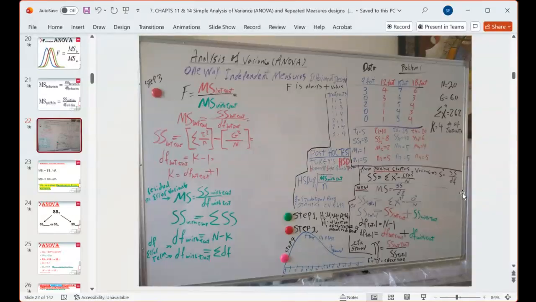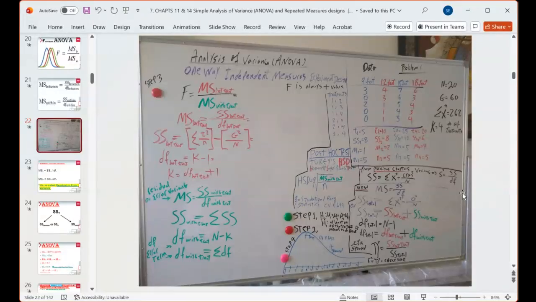So back to our formula. This is how you calculate MS between, the red, and then the bottom, MS within. So MS within, if you want to calculate that, you need to have SS within and DF within. So SS within is sum of SS.